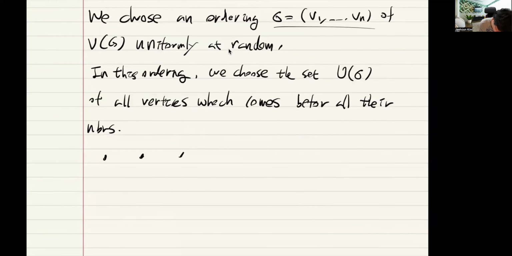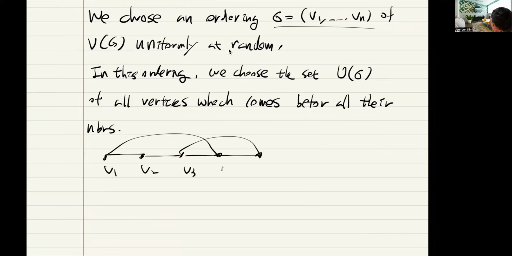So if you have a graph that looks this way, and this is your ordering, then this vertex comes before all of its neighbors, so it is in U, but this one does not.